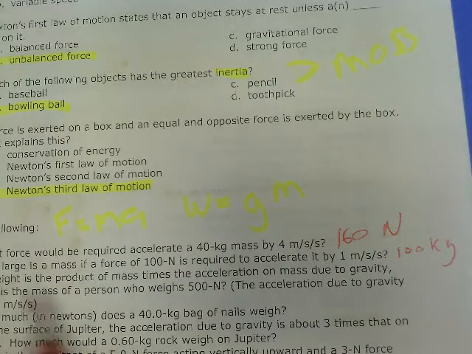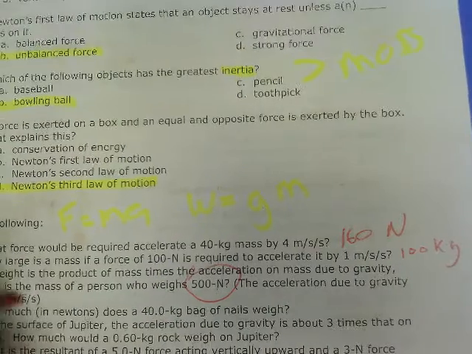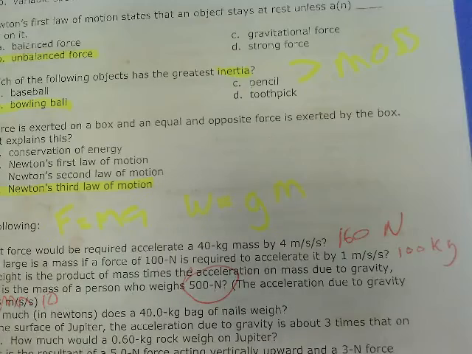All right, the acceleration due to gravity. What is the mass of a person who weighs 500 newtons? We don't use 9.8, we're going to use 10.